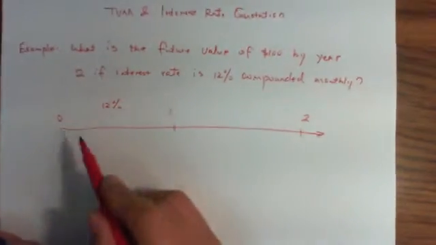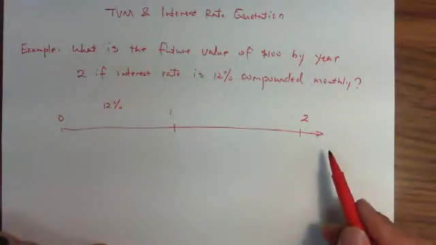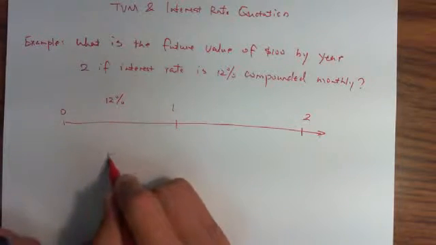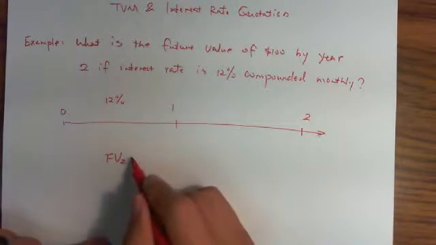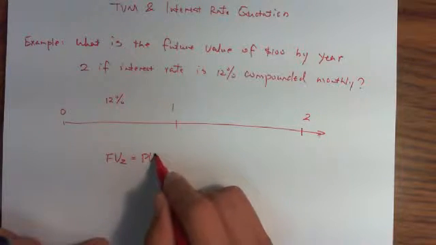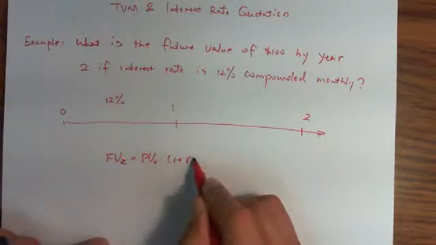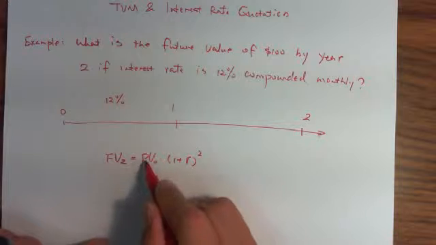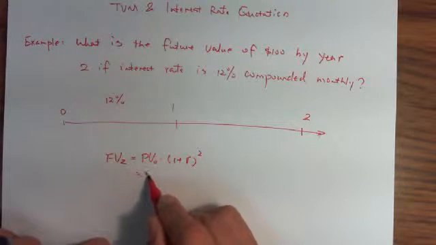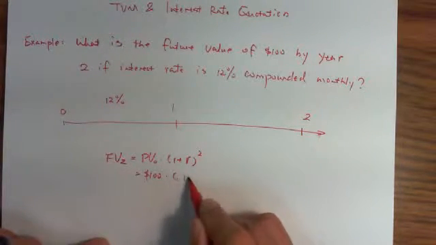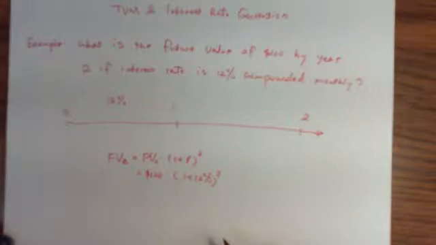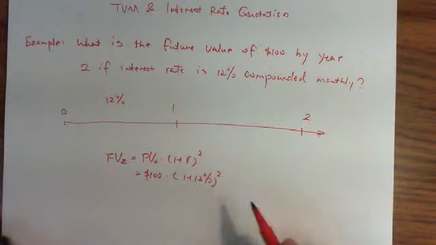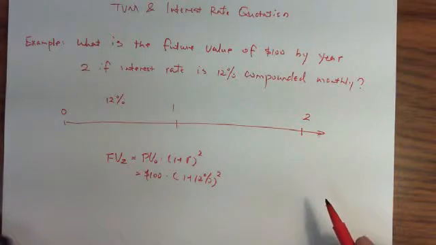So the future value of 100 is, if using the future value formula, future value at the end of year 2 is going to be PV times 1 plus R power of 2. Now PV is $100, 1 plus 12% power of 2. Many students will compute the future value in this way, but this is wrong.